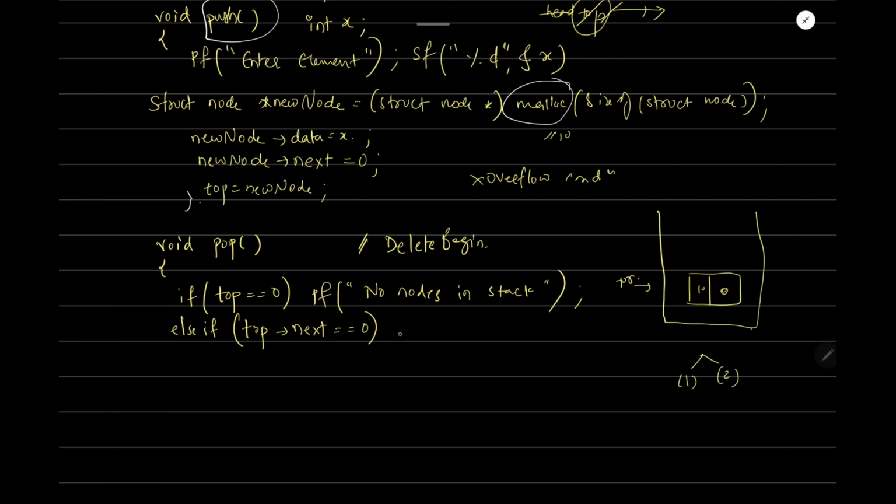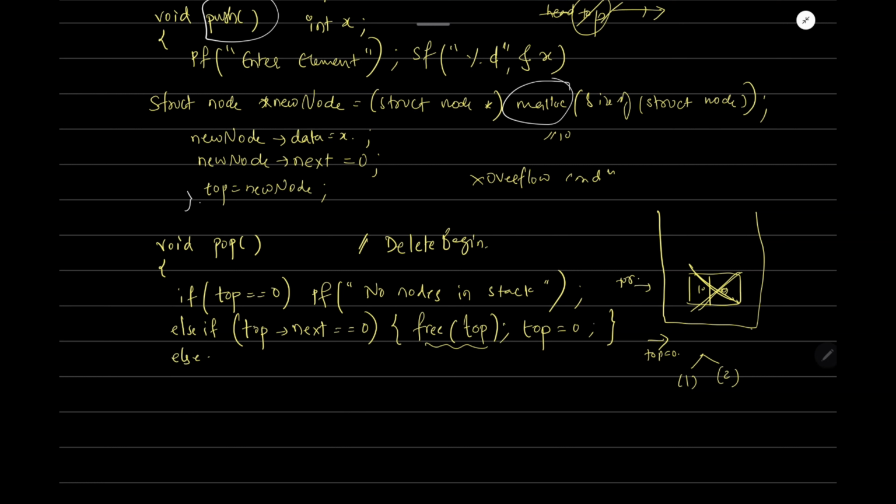If this is the situation, then we simply need to free this top element, that is, we'll be deleting this top element, and we'll be assigning top equal to 0. So top is equal to 0, and we'll be freeing this thing. Basically what free of top will be doing is simply removing this from the active linked list.